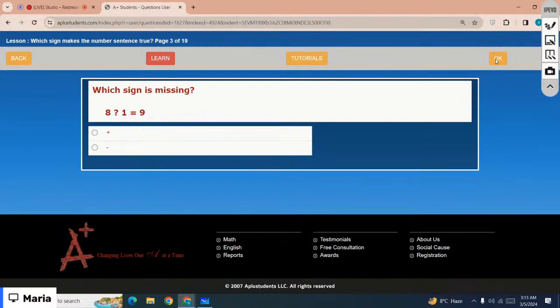Which sign is missing? 8, missing sign, 1 equals 9. So which is the correct option? You have to add or subtract. Think and then answer. You can write in the chat box.